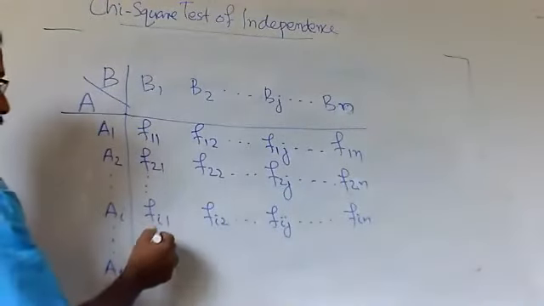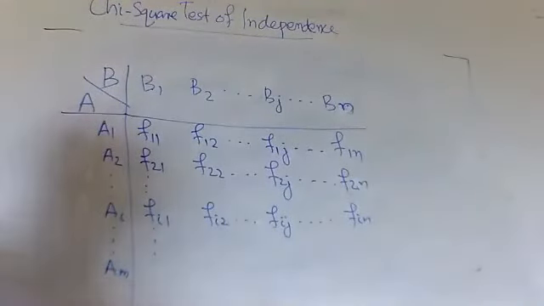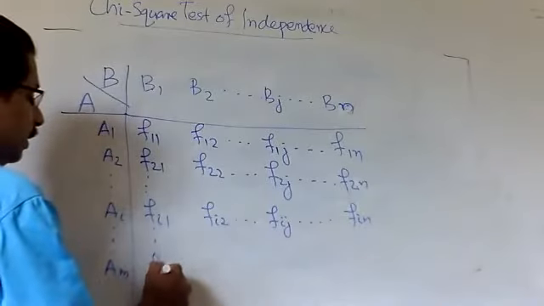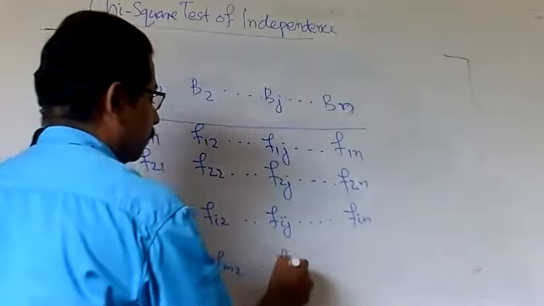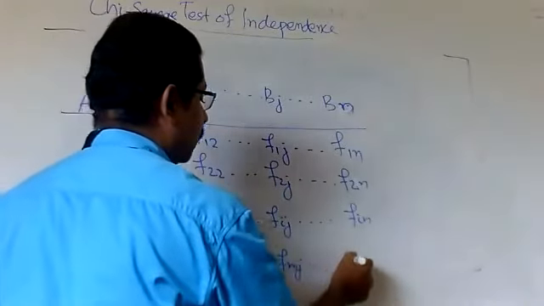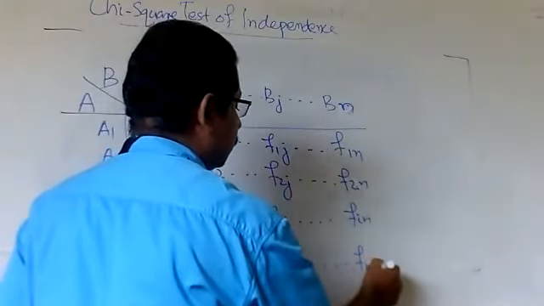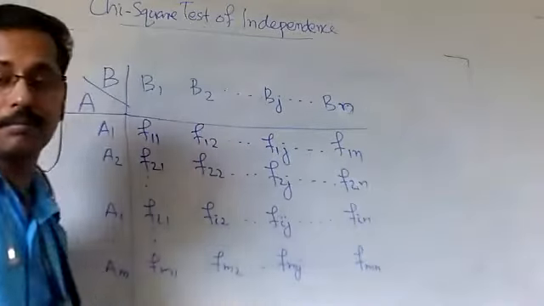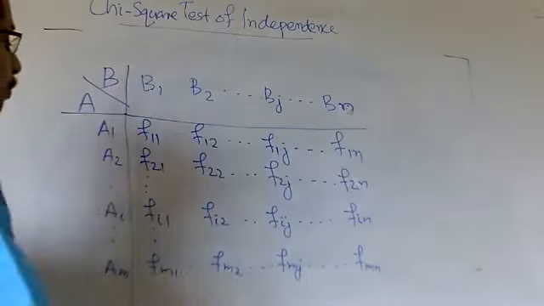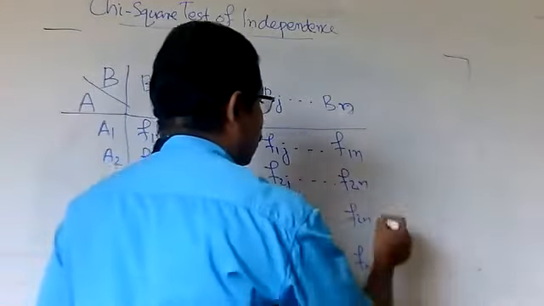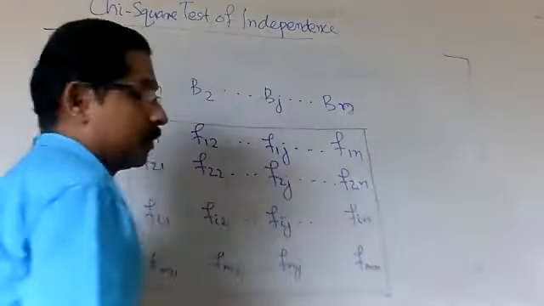Similarly, the last row is Fm1, Fm2, etc., Fmj, etc., Fmn. These are the observations in the cells.